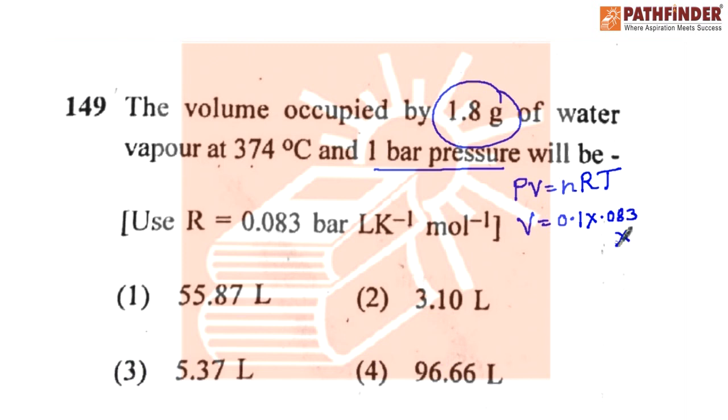Temperature is also given, 374 degrees centigrade, so 374 plus 273, which is 647. It is divided by 1 because pressure is 1 atm. If we calculate it after putting all the values, it comes to option number 3, 5.37 liter. You just have to calculate it. Okay, let's move on to the next question, students.